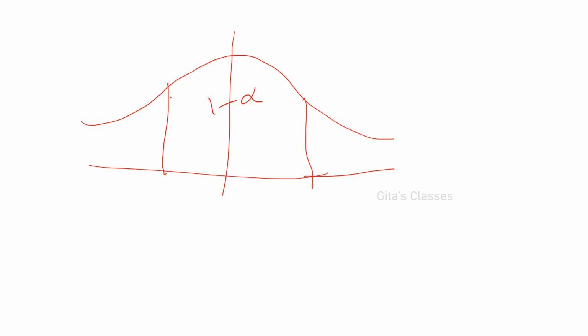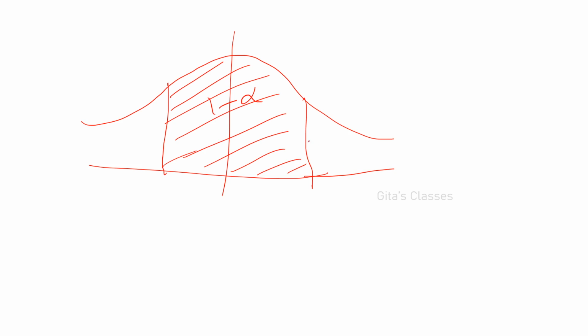This area is always taken as 1 minus alpha, so the remaining two sides total alpha, because the total area under the curve between the x-axis and this curve is 1. So this is 1 minus alpha, and each side is alpha by 2. Even in the t-test we have seen this.